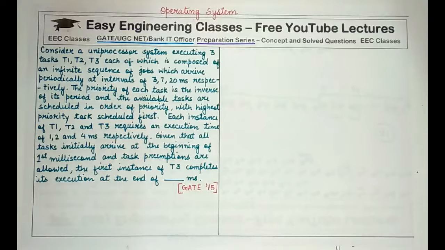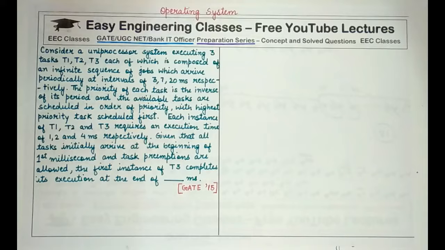The question is, consider a uniprocessor system executing three tasks T1, T2, T3, each of which is composed of an infinite sequence of jobs which arrive periodically at intervals of 3, 7 and 20 milliseconds respectively. The priority of each task is the inverse of its period, and the available tasks are scheduled in order of priority, with the highest priority task scheduled first.